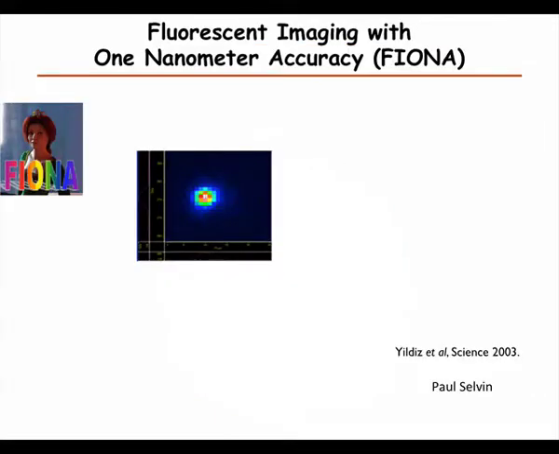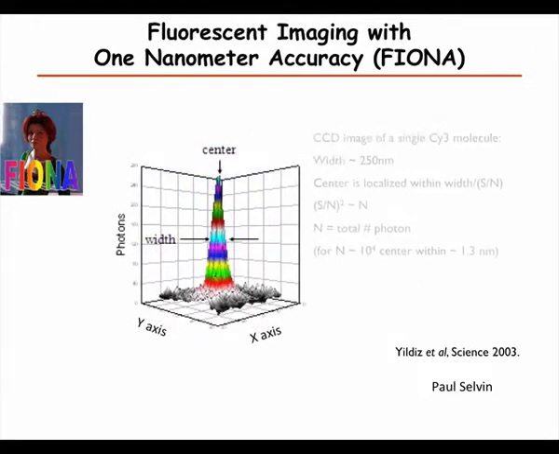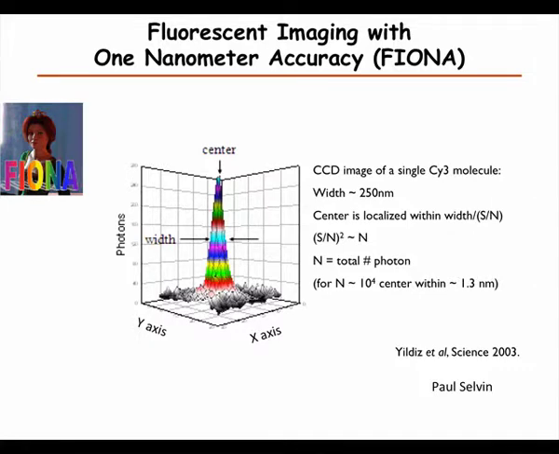But what people observed was that if you have an isolated object that doesn't move and you have long enough time, you can measure the centroid of the distribution, which here is 250 nanometers wide, very accurately, in this case down to almost 1 nanometer.